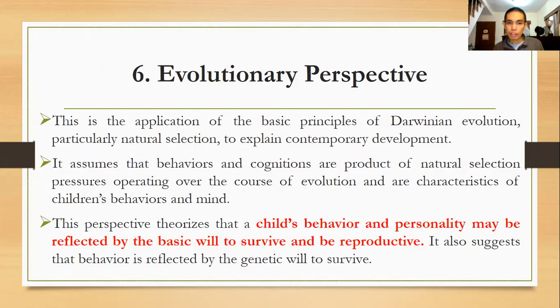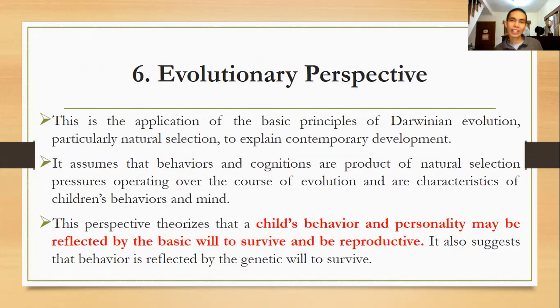This perspective theorizes that a child's behavior and personality may be reflected by the basic will to survive and to reproduce. It also suggests that behavior is reflected by the genetic will to survive.